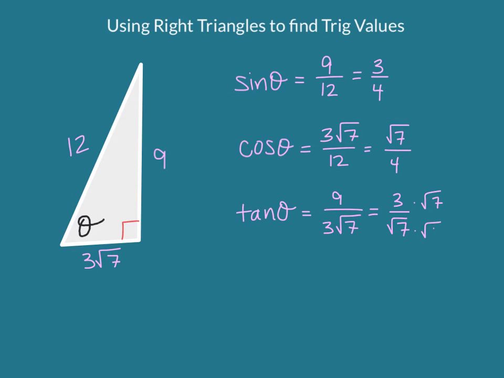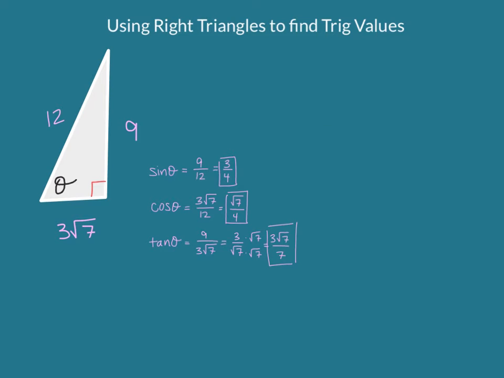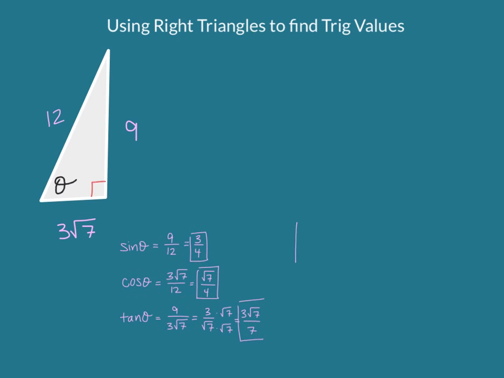Multiply both by root 7 to get 3 root 7 over 7. So we have found our sine of theta, our cosine of theta, and our tangent of theta. All right, I've made that a little smaller so we don't run out of room. Now what we want to do is find the reciprocals of these three. And so I do want to have these here just so we can see them.